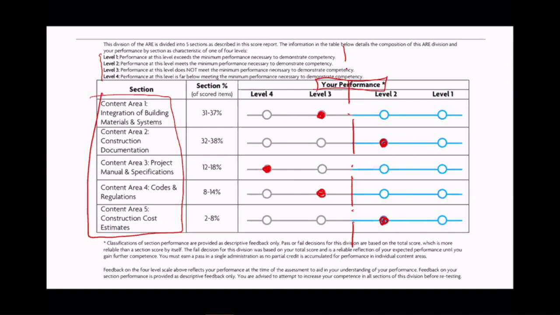So if the cut score for your particular exam is, say, 68%, that means you have to get 68% of the questions correct, regardless of what sections they come from. You may get all of the questions wrong for one content area, and all of them right for another. It doesn't matter as long as you get 68% of them total right, then you pass the exam.